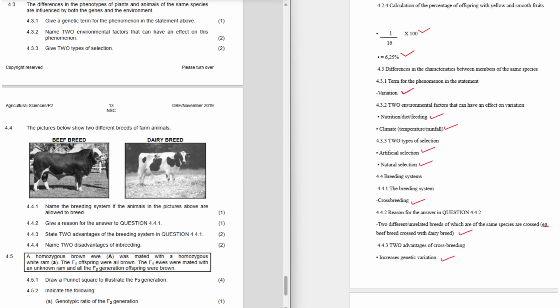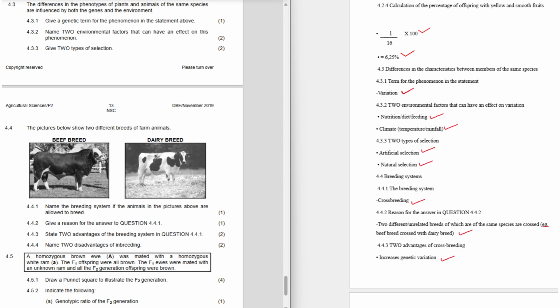4.4.4. Give two disadvantages of inbreeding. Inbreeding basically is when you cross animals that are closely related, for example a daughter and a father, a sister and a brother, a half sister and a brother.